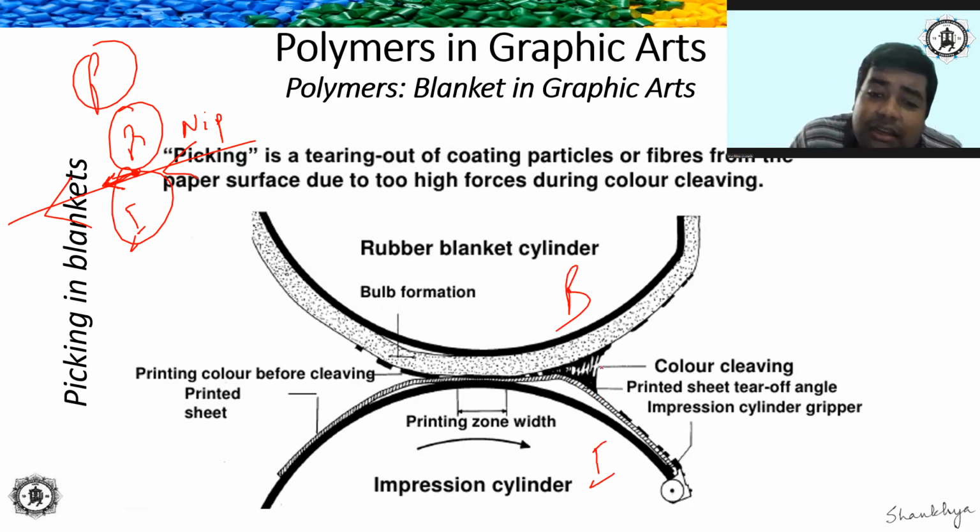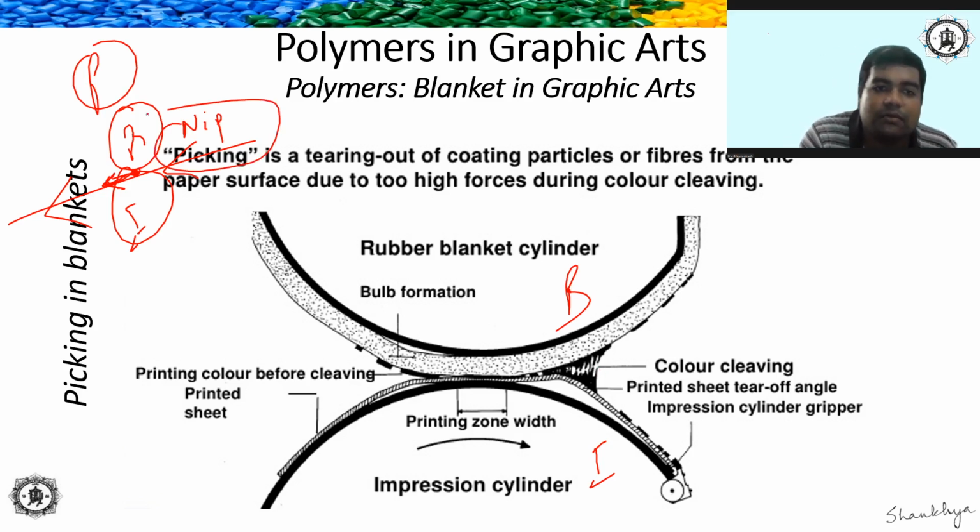After the printing has been done and the ink has been transferred, if, because of the tackiness or stickiness of the blanket, it is not easily able to release the paper from the nip, then this will lead to all sorts of problems.